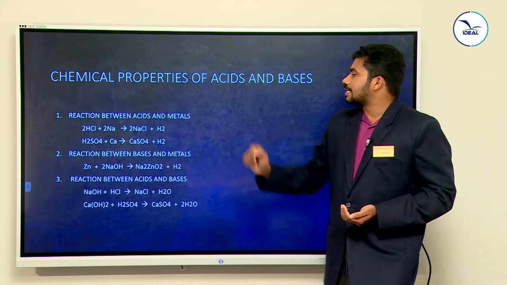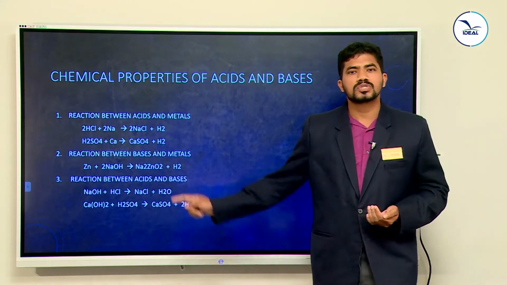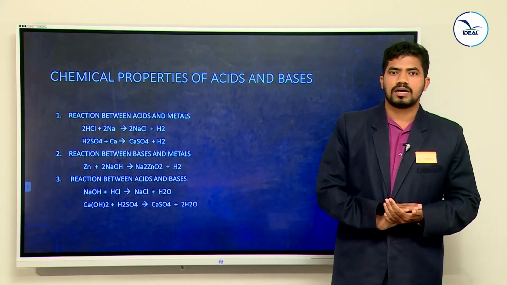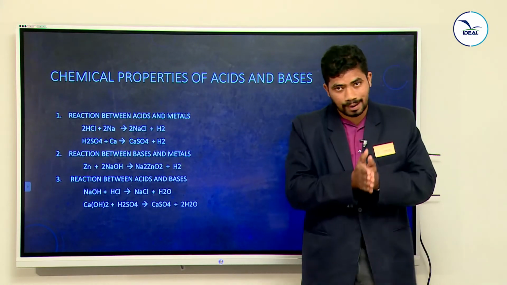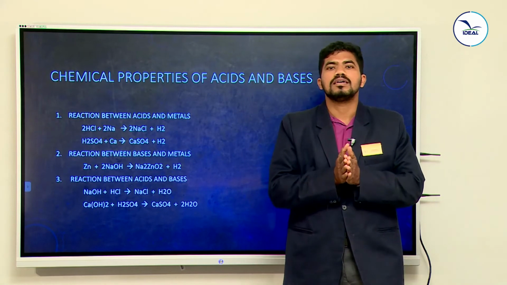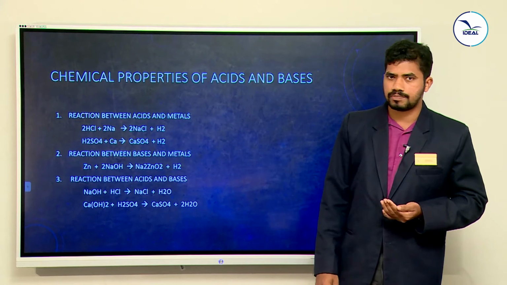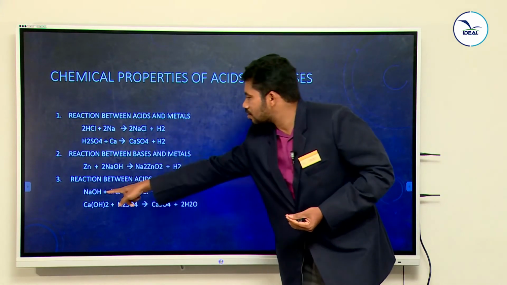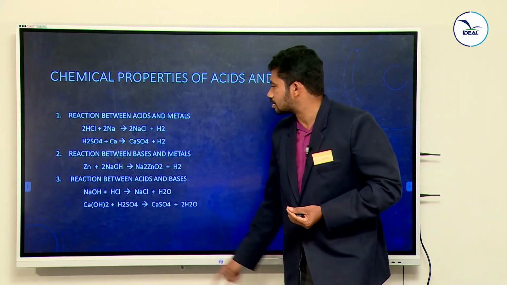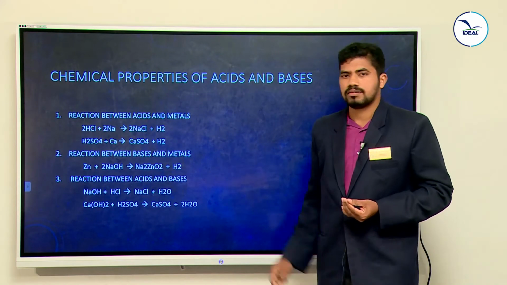See the third chemical property, the reaction between acids and bases. It is called a neutralization reaction. I already told you what neutralization is. When acids and bases are combined together, you will get salt and water. Here I gave you two examples. When NaOH reacts with hydrochloric acid, you will get sodium chloride and water.